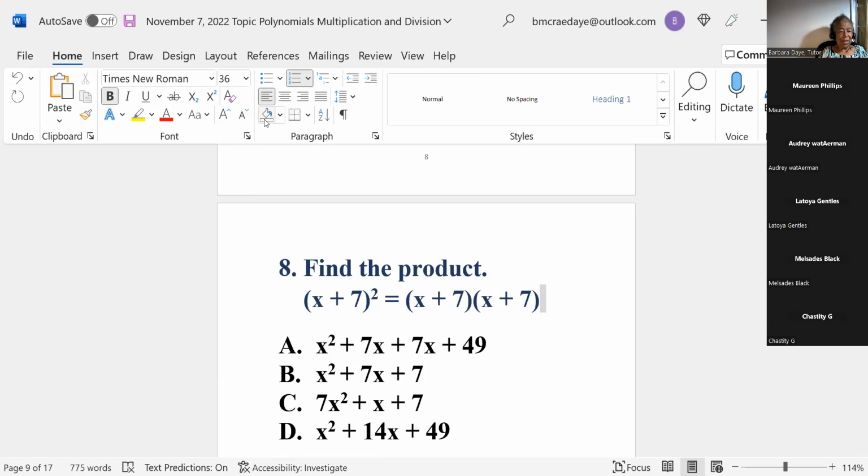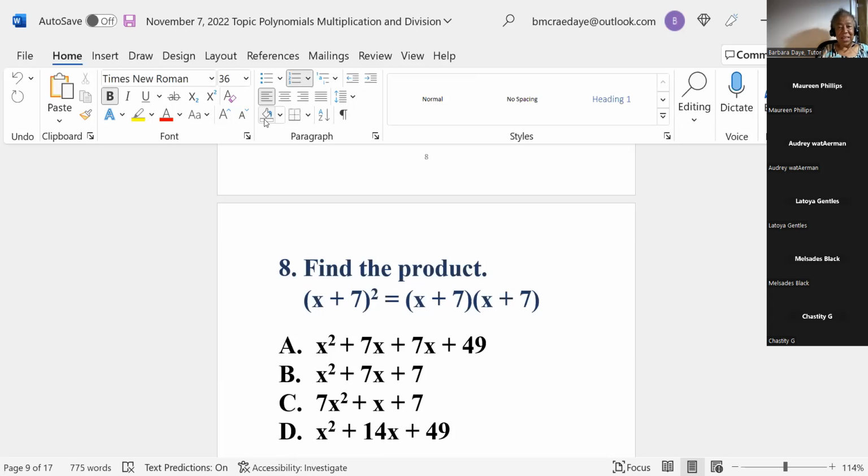If you think FOIL and multiply your 2 constants, your answer must have what, Maureen? 49.